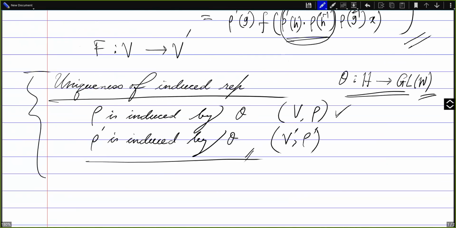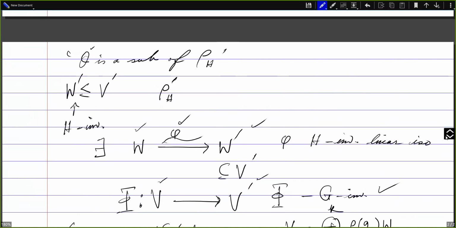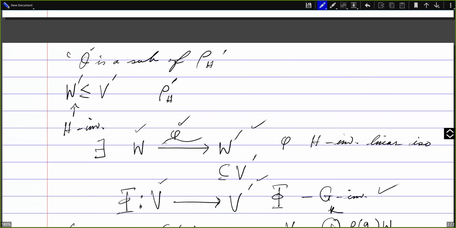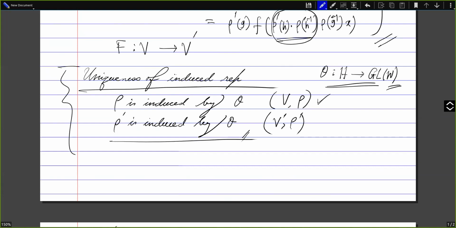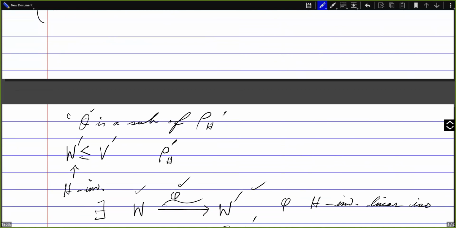For our convenience, without any loss in generality, we assumed that the (W, theta) we begin with is indeed an H-invariant subspace of one of them, so that when we write things, the expressions become less complicated.